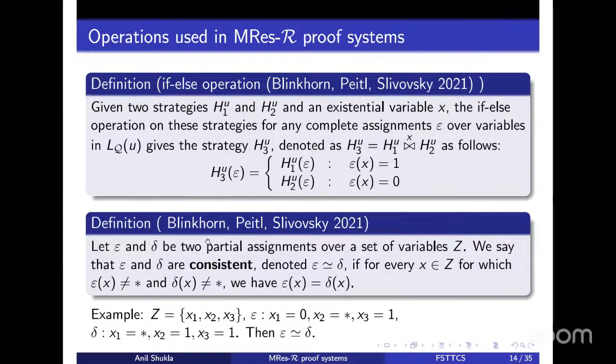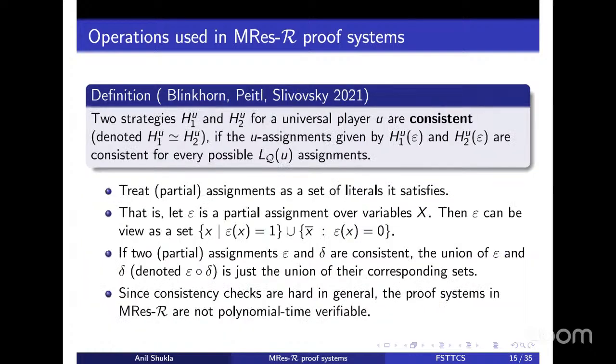For example, these two assignments are consistent because for x1 one gives 0 and the other gives don't care, no problem; for x2 one gives star and the other 1, no problem; for x3 both give 1. So consistency of two partial assignments is clear. Similarly, two strategies for a universal variable are consistent if their assignments are consistent for every possible assignment to the existential variables left of u.